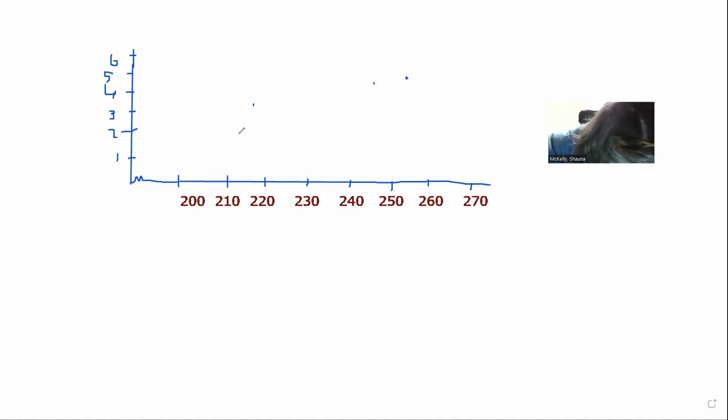Then we have 239.3 and 4.14. So somewhere up here, we have a point a little bit above 4. So we've got quite a linear line going here. Then we have 225.2 and 3.78.